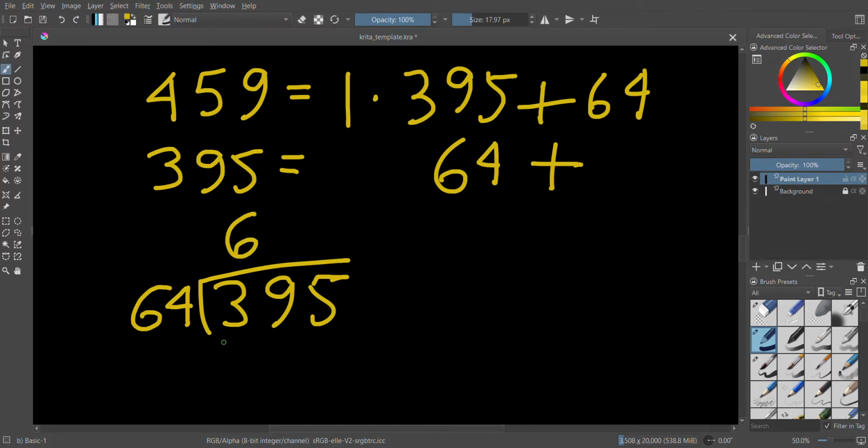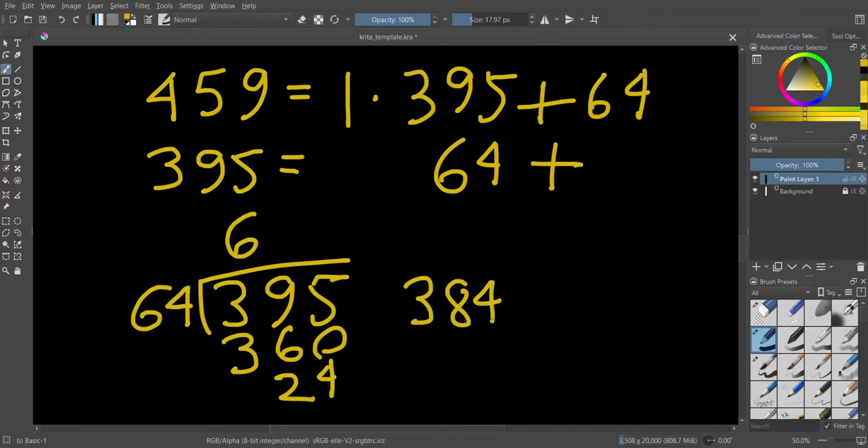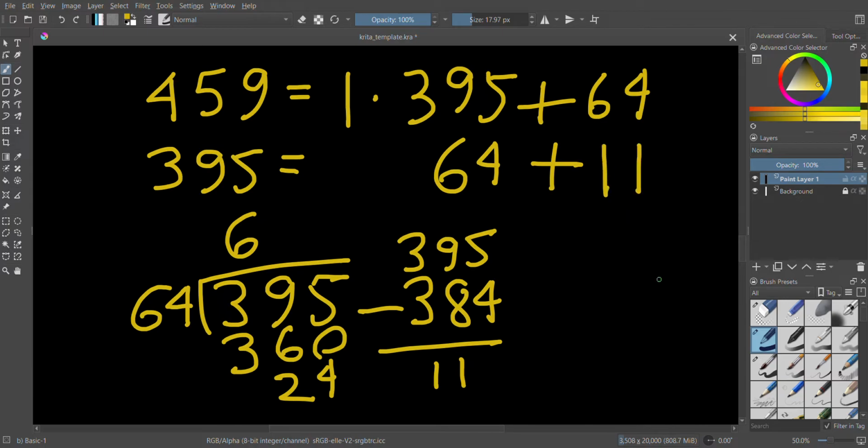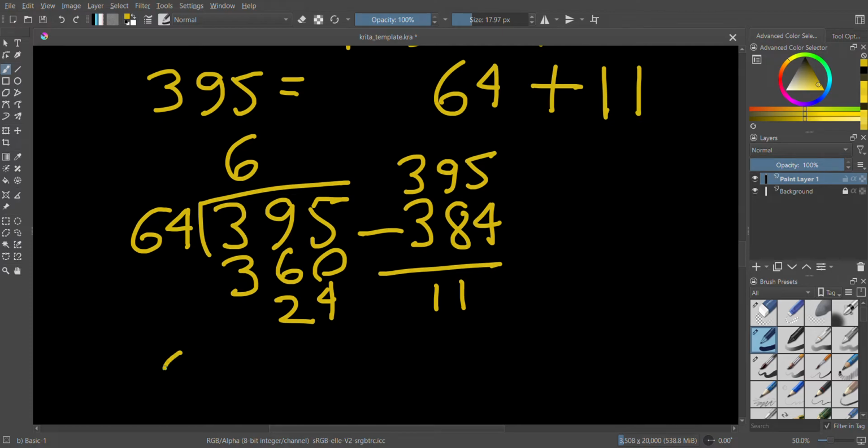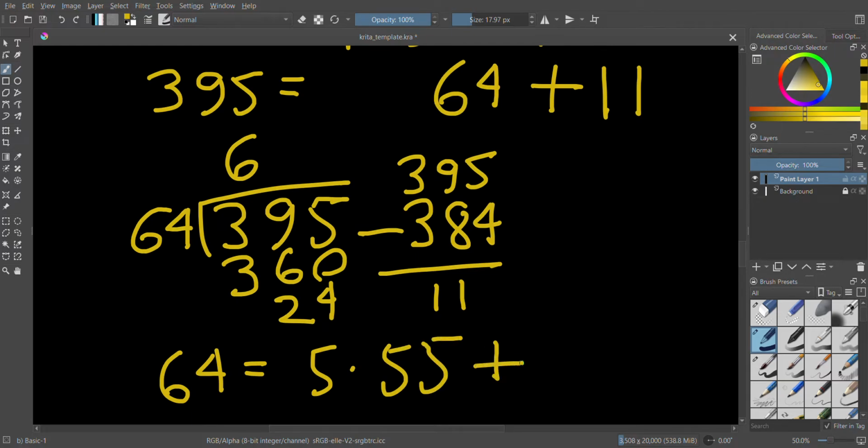So it's 360, 24. That's 384. And 395 minus 384 is 11. Okay, so now that we have that, we're down to 64 is equal to 5 times 55 plus 9.